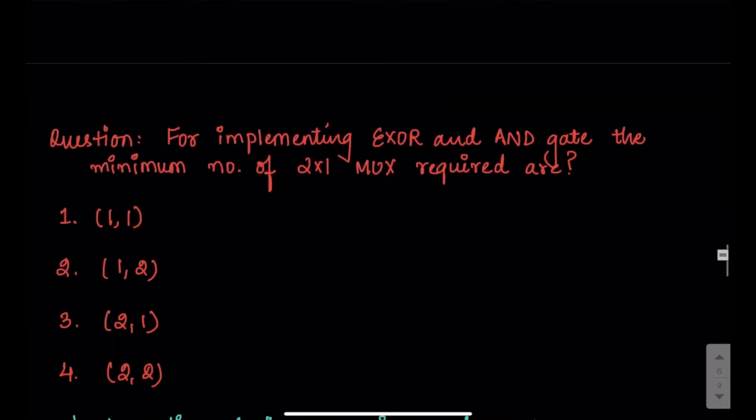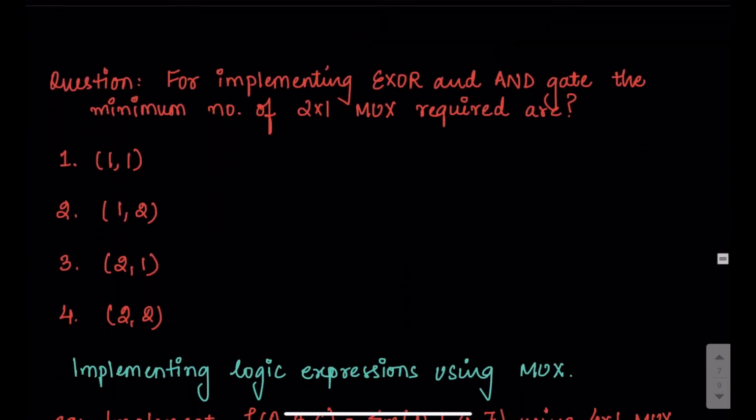Now let's move to one simple question: suppose you are asked for implementing the XOR and the AND gate, the minimum number of 2x1 mux required are. So we know that for implementing the XOR gate we require one 2x1 mux, and for implementing the AND gate we require how many muxes?